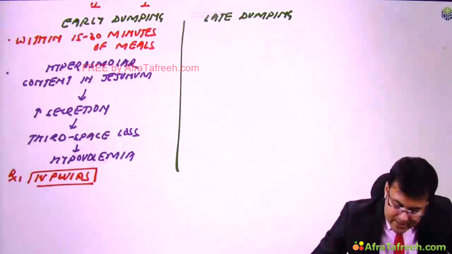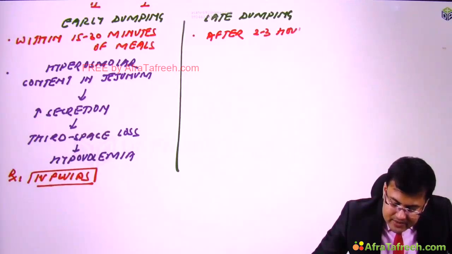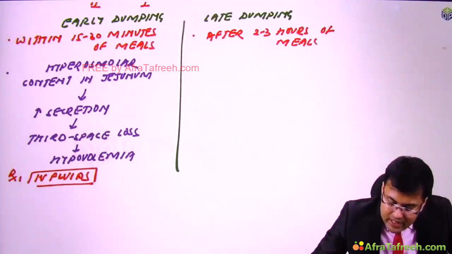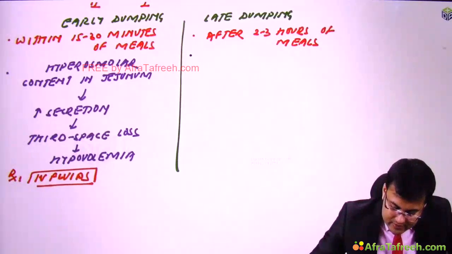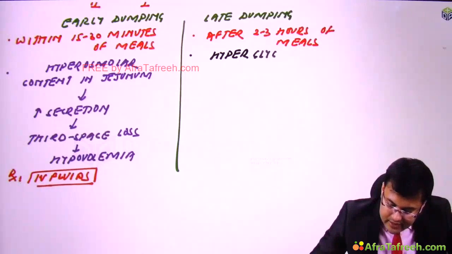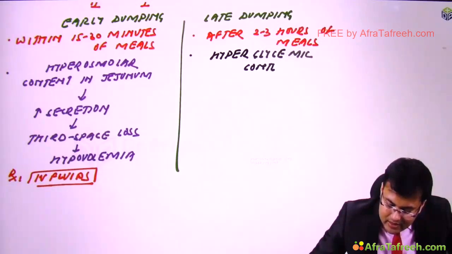Now late dumping. This late dumping is seen after 2 to 3 hours of meals. And what is the problem here? Here there is hyperglycemic content in the jejunum. Because of that, increased insulin release.